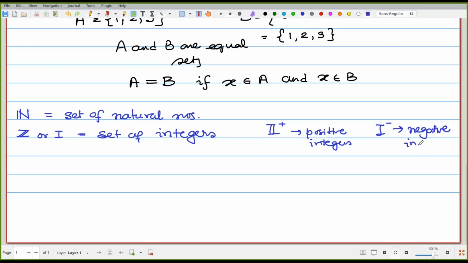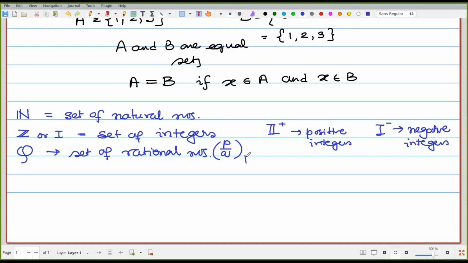negative integers. Another one, suppose capital Q, that is called the set of rational numbers. Already we had a discussion on rational numbers. Rational numbers means the form P by Q, where P and Q both are integers, but Q is not equal to 0.